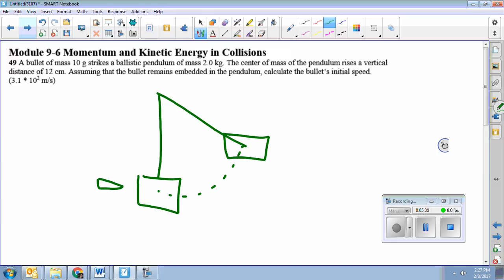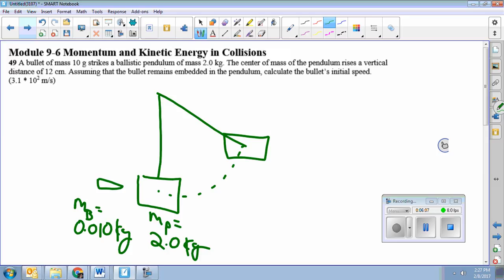All right. So in this one, here's what we know. We know that the mass of the bullet is 0.010 kilograms. Notice I converted to kilograms. The mass of the pendulum is 2 kilograms. And then the center of mass of the pendulum rises a vertical distance of 12 centimeters.